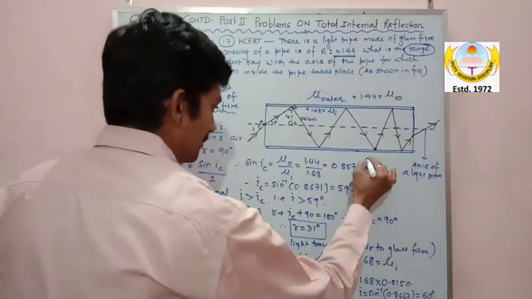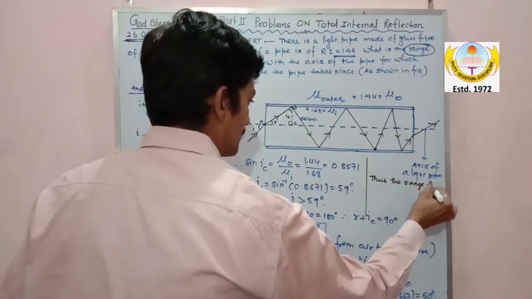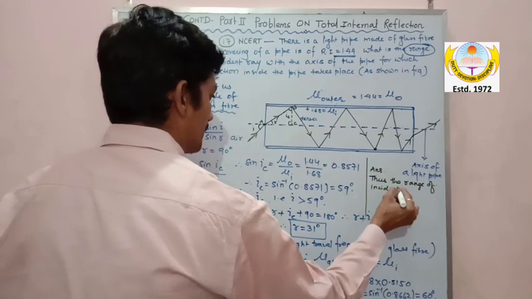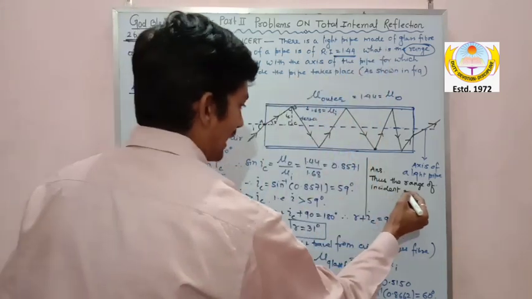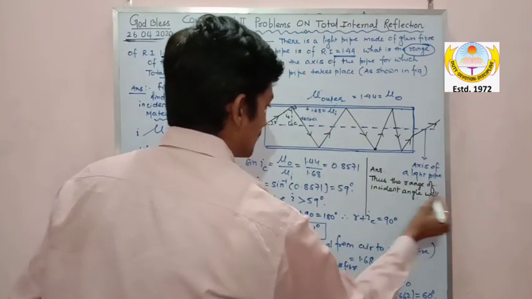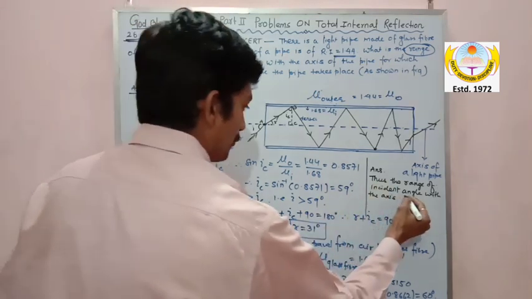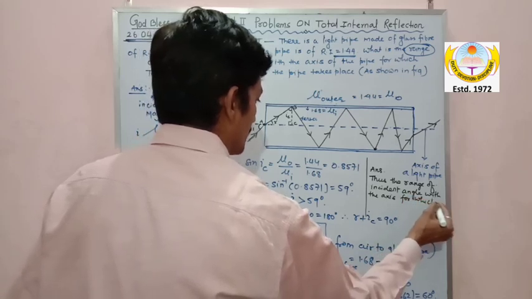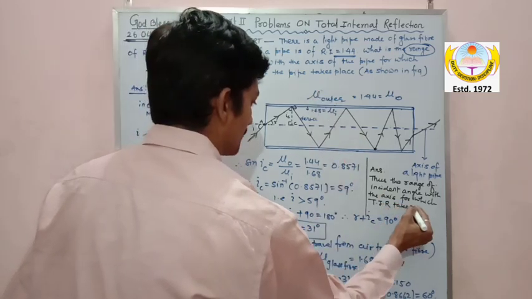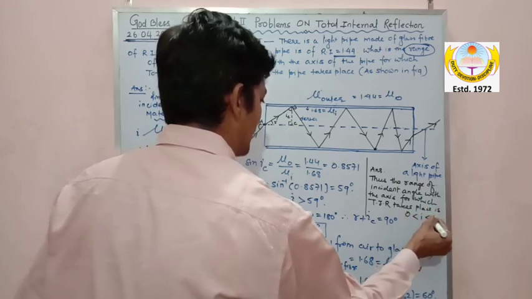I will write here: thus the range of incident angle with the axis for which TIR takes place is 0 less than I less than 60 degree.